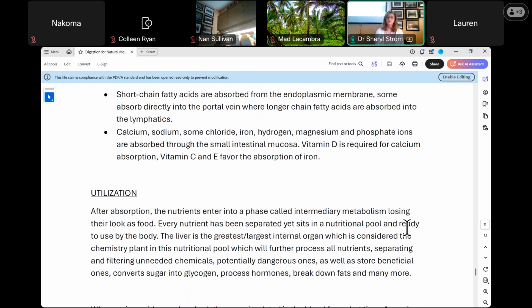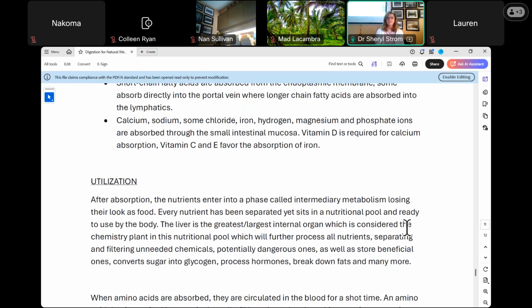And now we do utilization. After absorption, the nutrients enter into a phase called intermediary metabolism, losing their look as food. Every nutrient has been separated, yet sits in a nutritional pool and ready to use in the body.